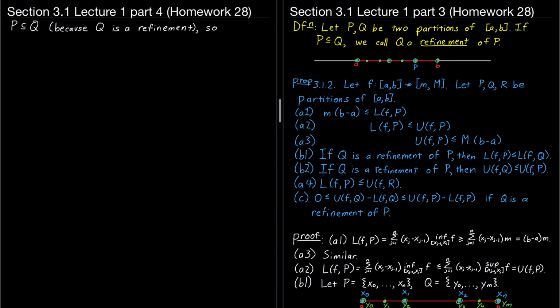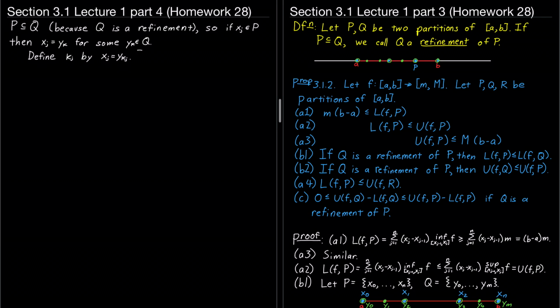So what that means is that if xj is in P, then xj is equal to yk for some yk in our refinement Q. Q might have some extra points, but it has every point in P. And now we are going to define k sub j by xj equals y sub k sub j. So k sub j is just the index.